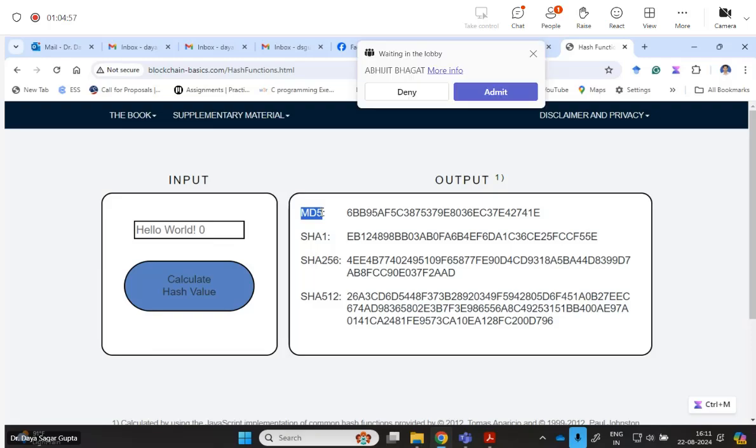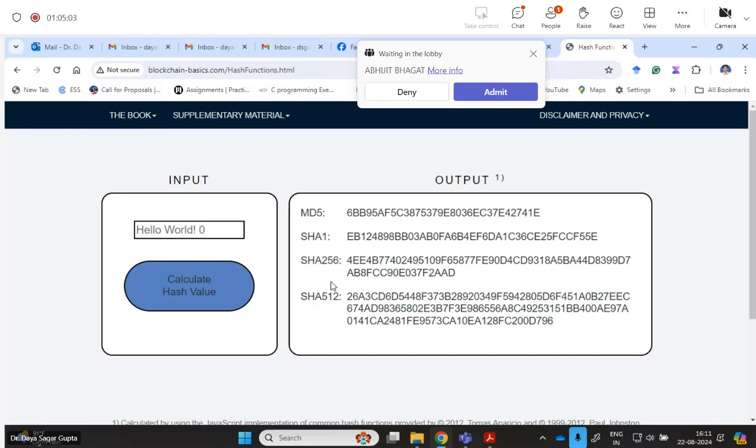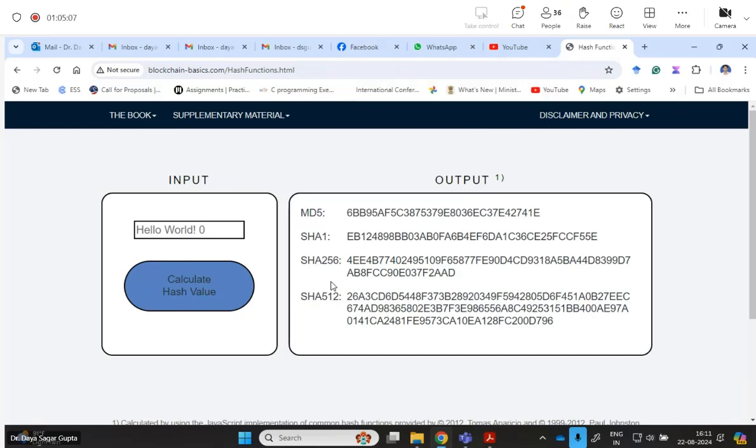They have a process to compute the hash, as we have already seen with the SHA-256 algorithm. In a similar manner, MD5, SHA-1 and SHA-512 also have working steps. Now if you note it down, this is nothing but 4EE4B774.